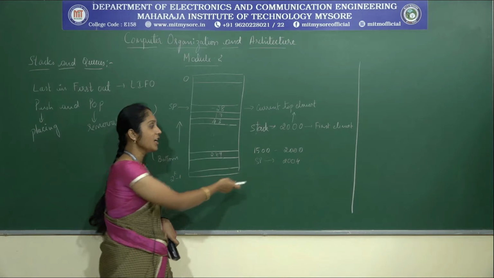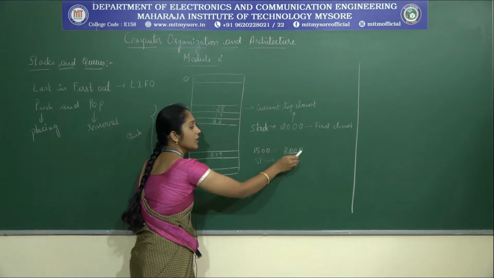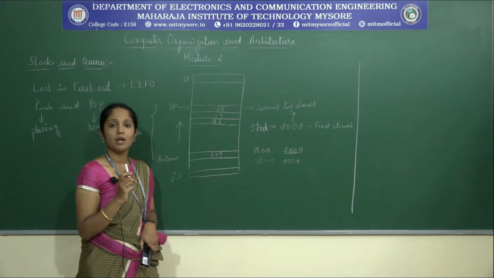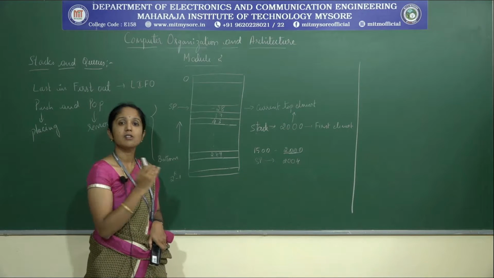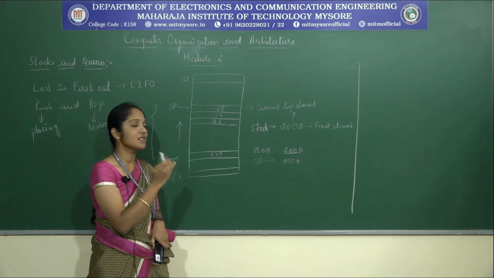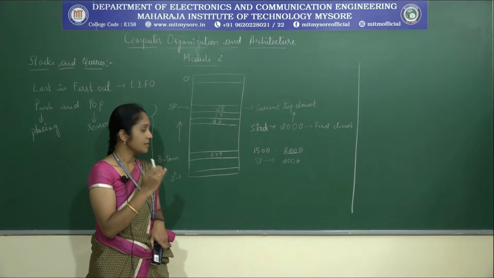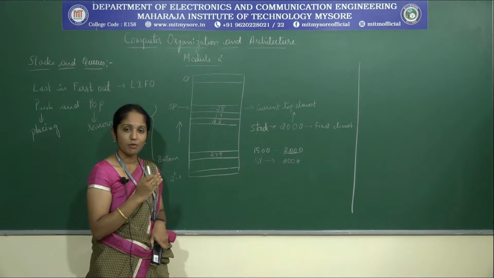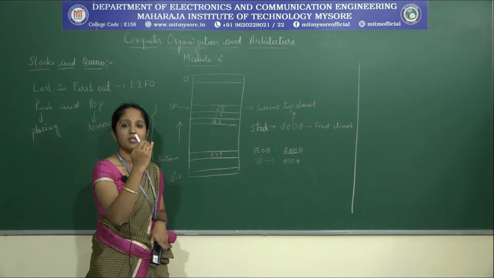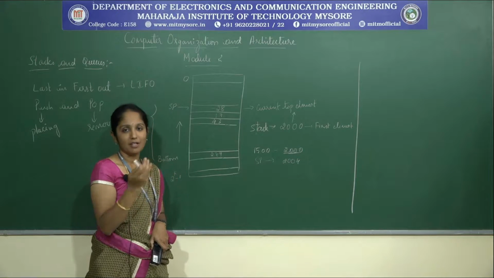If I want to store the first element in 2000, where 2000 is the last address of the stack segment and 1500 is the first address of the stack segment, the stack pointer will initially be loaded with 2004 so that it points to 2000 after decrementing.